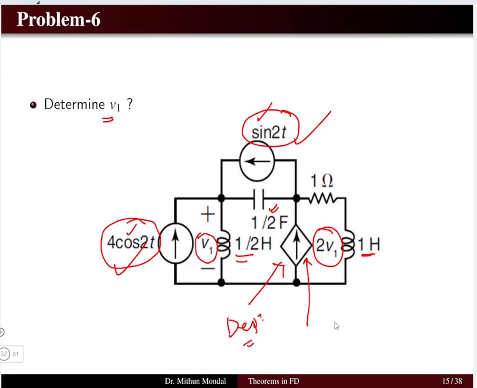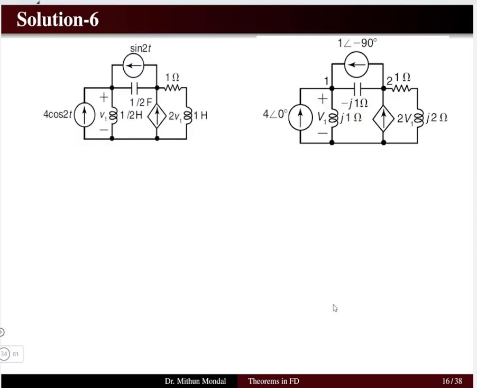So let us see how to solve this problem using circuit theorems, either mesh analysis or nodal analysis. We have to convert the circuit into the appropriate format first. The source 4 cos 2t can be written in phasor form as 4 angle 0, whereas sin 2t can be written as 1 angle minus 90, because we are giving preference to the cosine function.